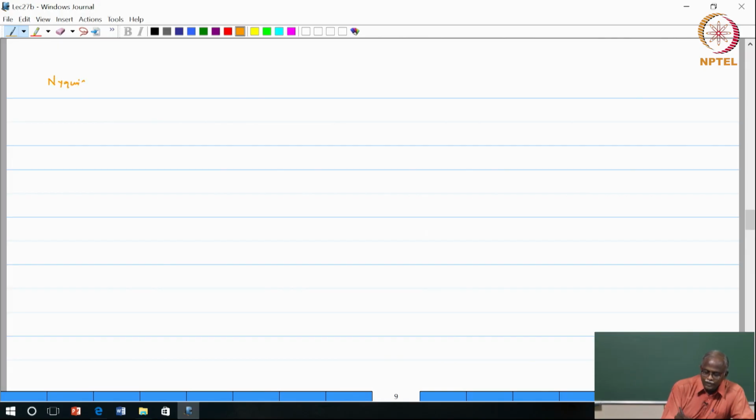Okay, so Nyquist filter, again we will not repeat the earlier discussion, but basically what we said was, if I look at the interpolation filter after upsampling by a factor of m, then the impulse response h of n comes out to be sin(pi n / m) divided by (pi n / m), and using this we get the following result, that h of mn equals 0 if n is not equal to 0, and equals 1 if n equals 0.